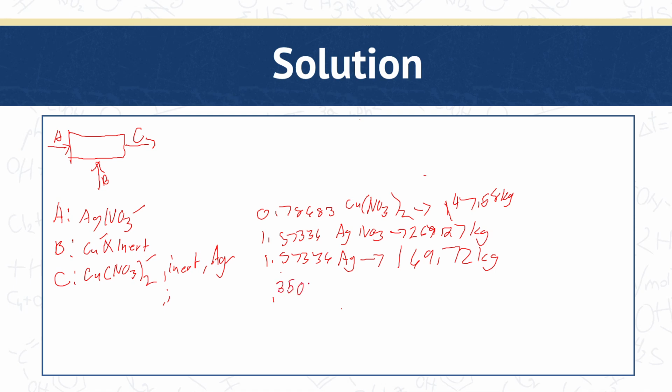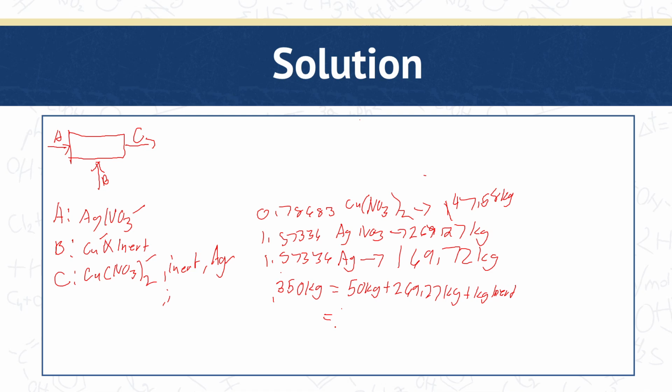We know that we start with 350 kilograms, which must equate to your mass of copper, which is 50 kilograms, added with the mass of your silver nitrate, which is 269.27 kilograms, and added with your kilograms of inert material.